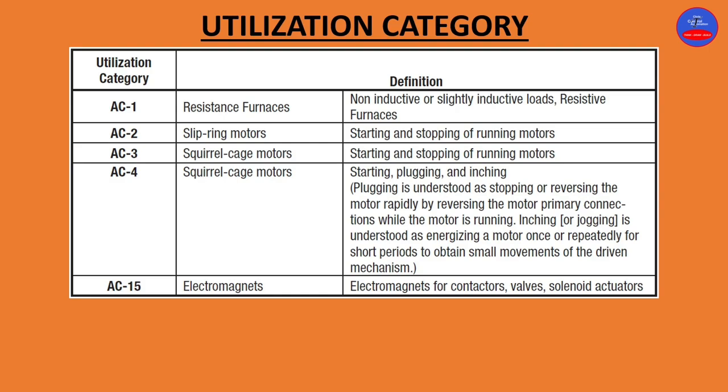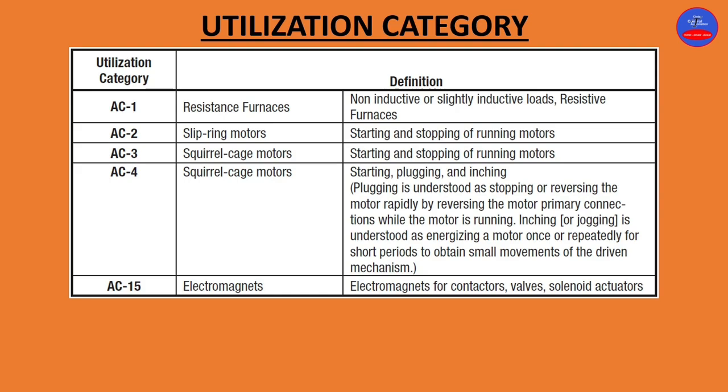Let's look at the AC3. The AC3 says squirrel cage motors, starting and stopping of running motors. AC4 says the same squirrel cage motors. The definition says starting, plugging, and inching.